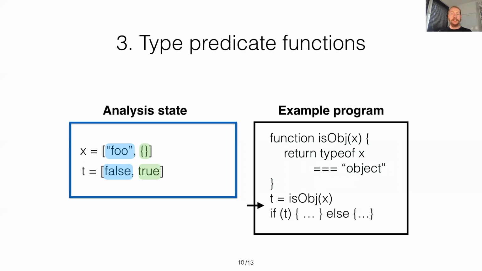The result of calling isObj is then also a partition value, where the value is false in the blue partition and true in the green partition. This means that when analyzing the conditional, the analysis knows that X only can be an empty object in the true range and only the string foo in the false range.